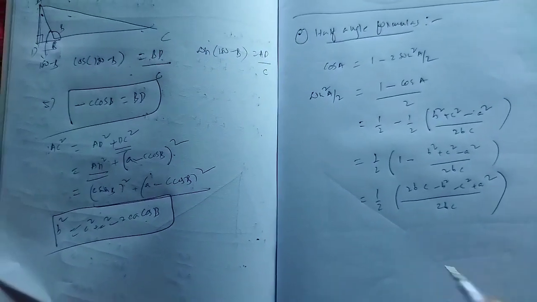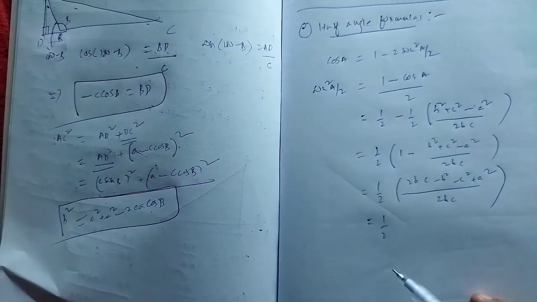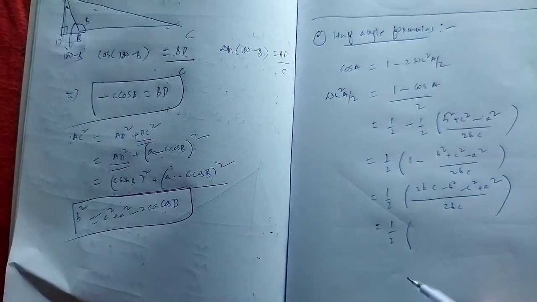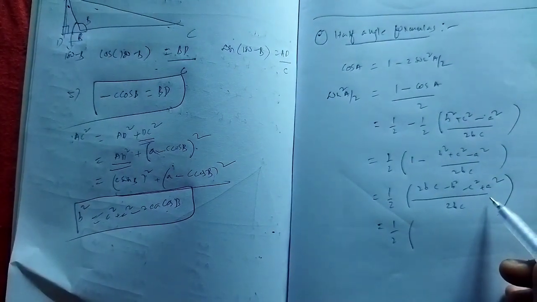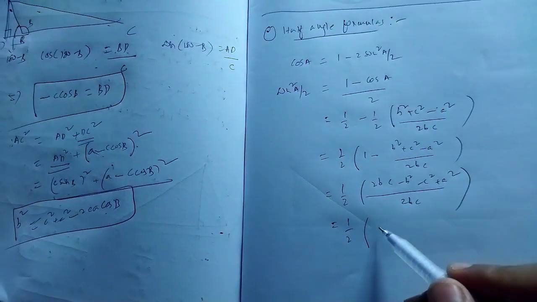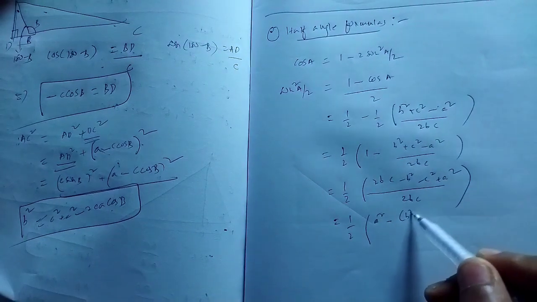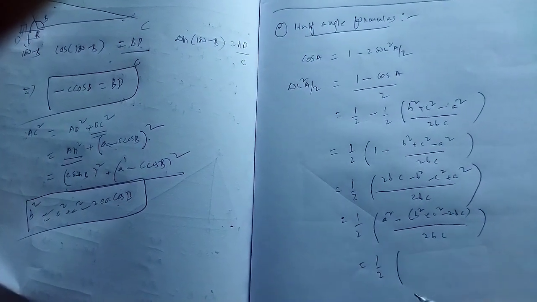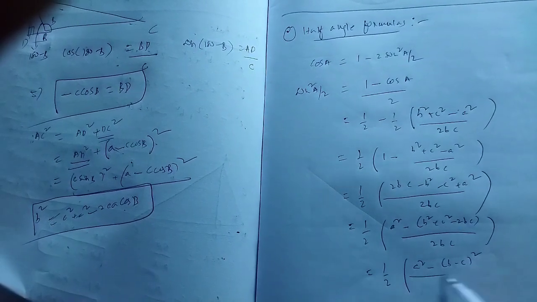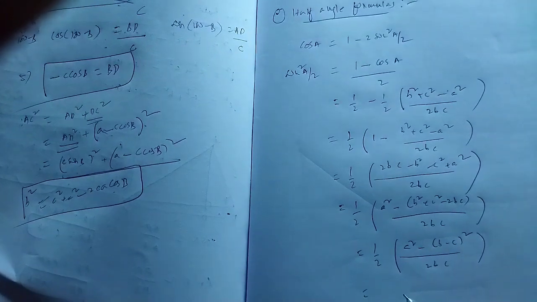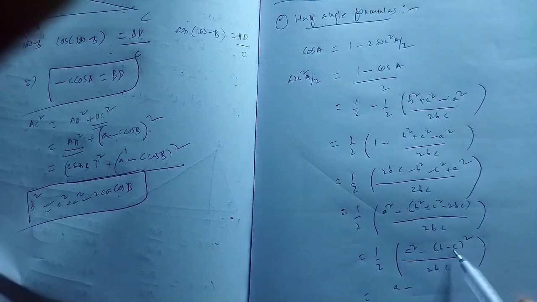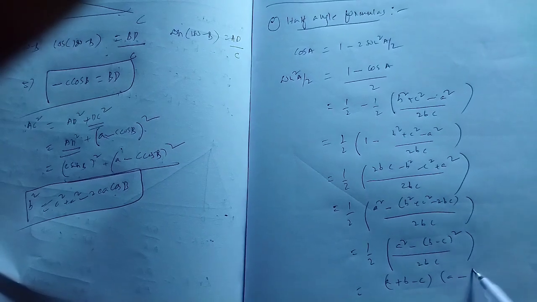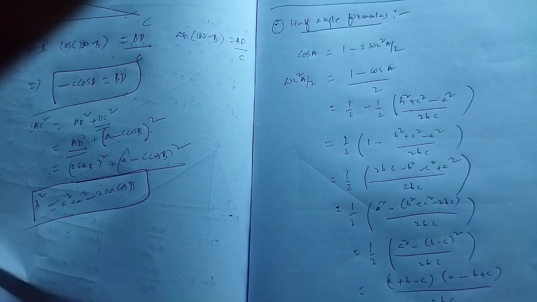So it will be (a square minus (b square plus c square minus 2bc))/2bc, half of (a square minus (b minus c) whole square)/2bc, which is equal to a square minus b square equals (a plus b) into (a minus b), right?